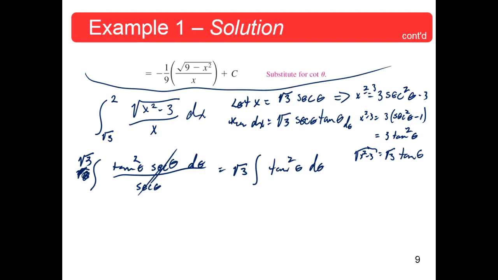But we changed to thetas here, so we need to get what the thetas are. So we go up to here. When x is equal to, which one you want to start with, the upper or lower, I don't care.